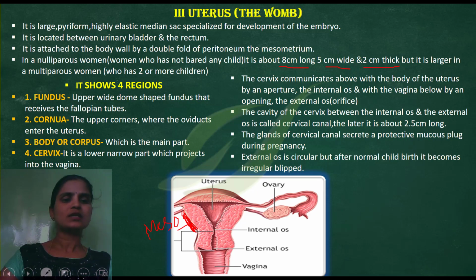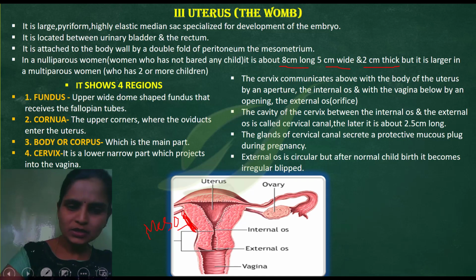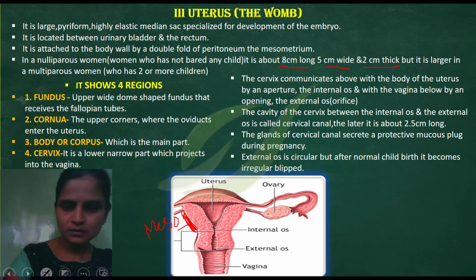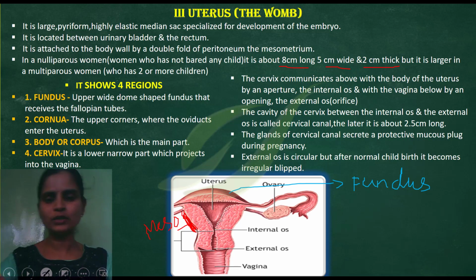Now coming to the regions of the uterus. The uterus has 4 regions. This upper region is called the fundus. The fundus is dome shaped and receives the fallopian tube.